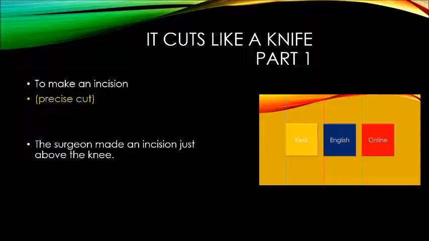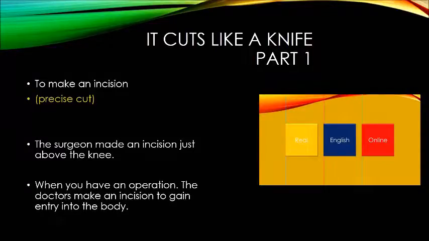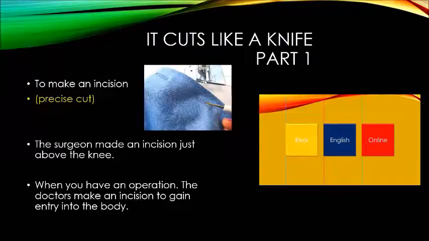Or, as I've said here, when you have an operation, the doctors make an incision to gain entry into the body. Now, as for the picture, I didn't go for a gruesome picture with lots of blood and gore. Instead, I decided to use this. Tailors will also use scalpels and sharp knives to make incisions into clothes.